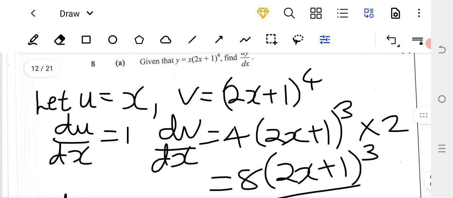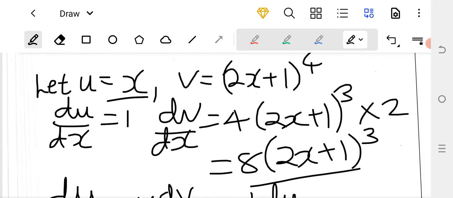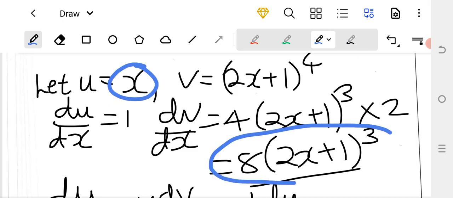So our u is what? Our u is x multiplied by, let me use a different color, our u is x multiplied by this.